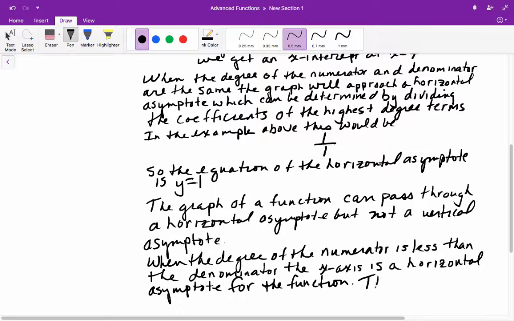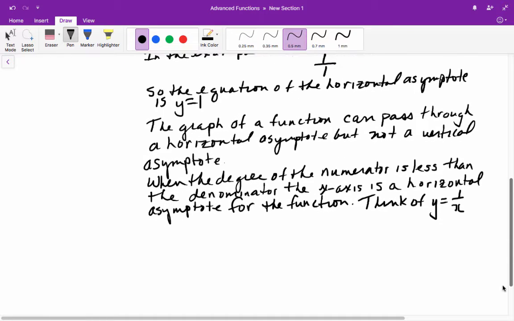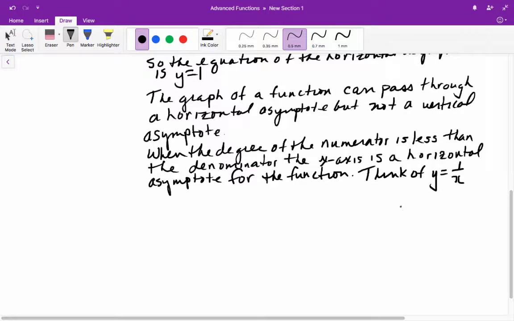Think of y equals 1 over x. The numerator has degree 0, the denominator has degree 1. And of course its graph looks like this.